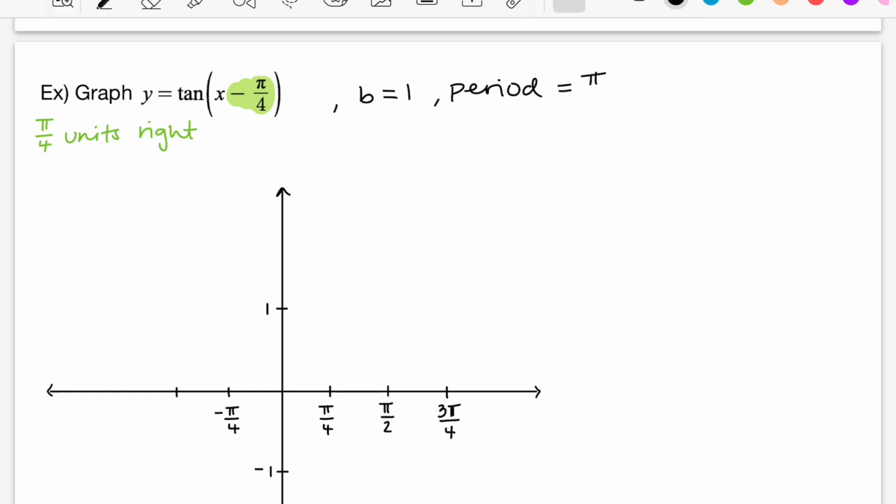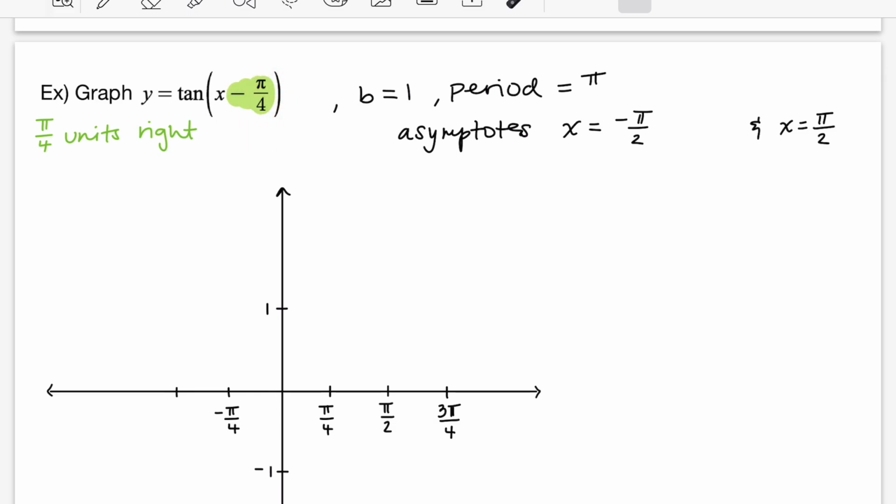Now for our asymptotes in this case, we know that our asymptotes are always going to be some multiple of pi over 2. Now if we just had the function tangent x, we would have our asymptotes at exactly minus pi over 2 and pi over 2.